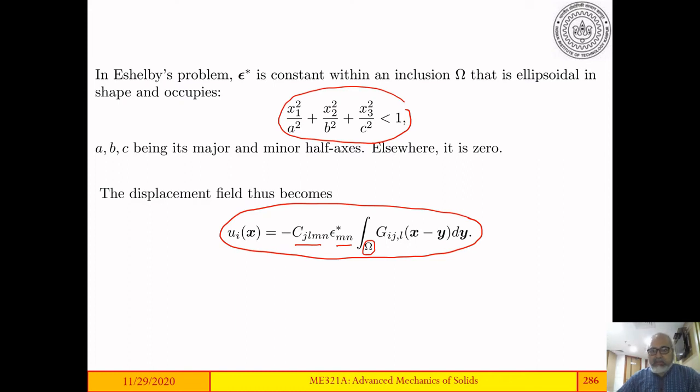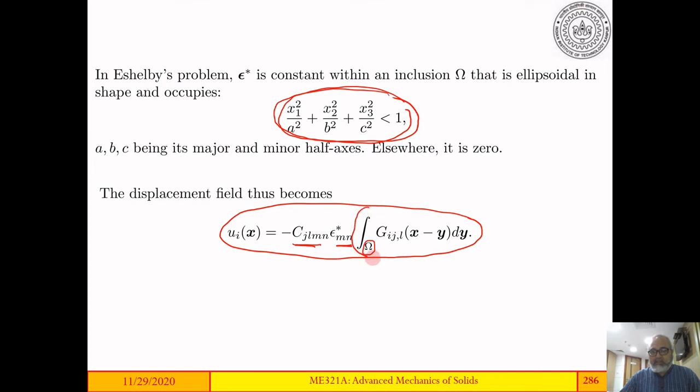So in Eshelby's scheme of things, omega is the ellipsoidal particle. An ellipsoid has half major and semi-minor axes of A, B, and C. So this is the domain over which epsilon star is non-zero. Everywhere else it is equal to 0, and the C and the epsilon star are constants, so they come out of the integral.